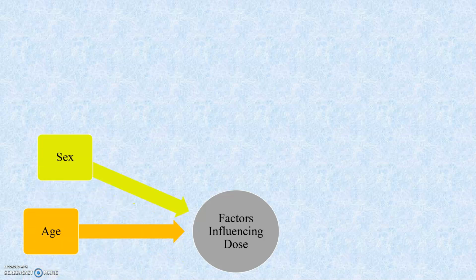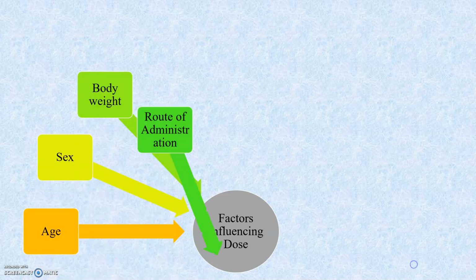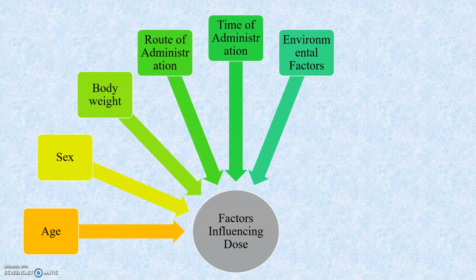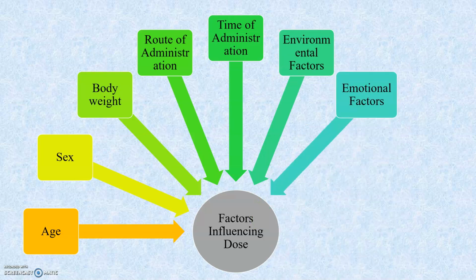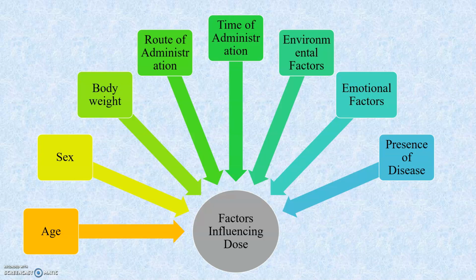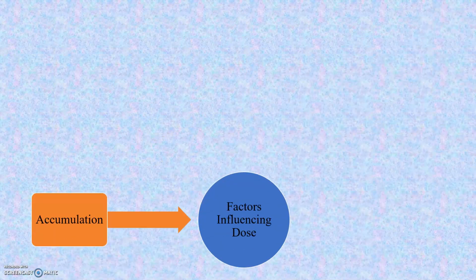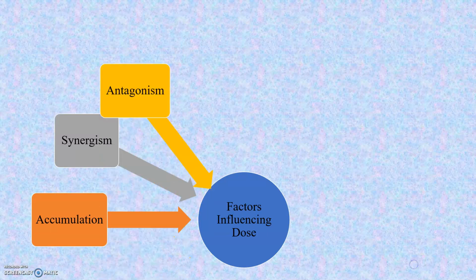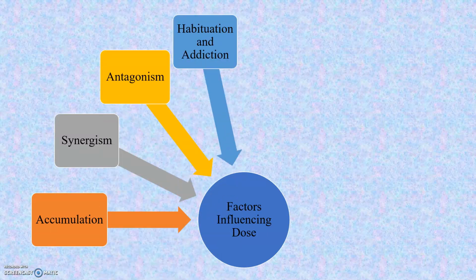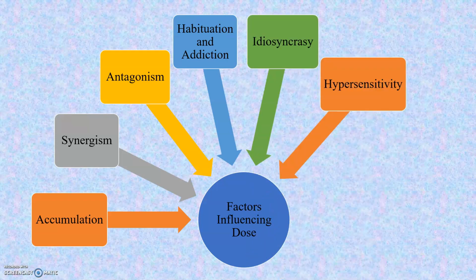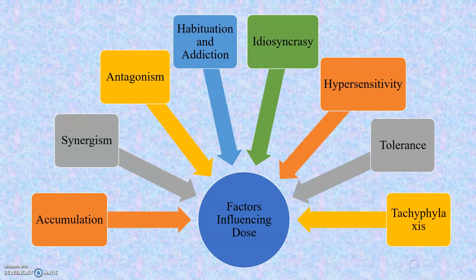First is age, sex, body weight, route of administration, time of administration, environmental factors, emotional factors, presence of disease, metabolic disturbances, accumulation, synergism, antagonism, habituation and addiction, idiosyncrasy, hypersensitivity, tolerance, and finally tachyphylaxis.